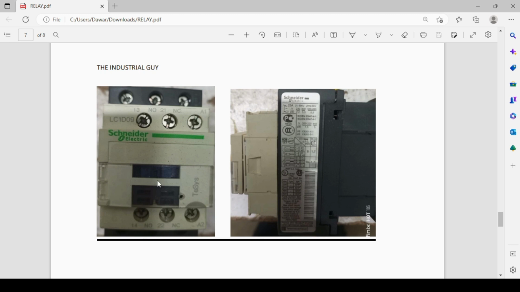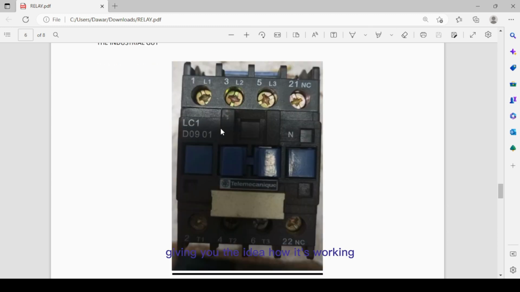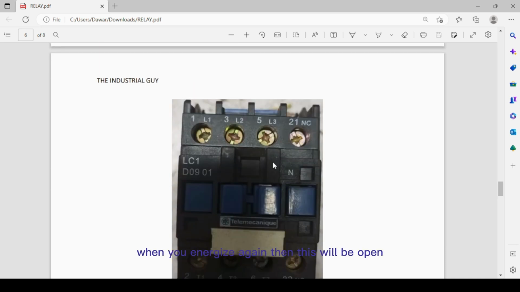I am just theoretically giving you the idea of how it works. Basically, when the coil of this contactor is energized, pin number 1 gets shorted to pin number 2, pin number 3 gets shorted to pin number 4, and pin number 5 gets shorted to pin number 6. When de-energized, again this will be an open circuit.